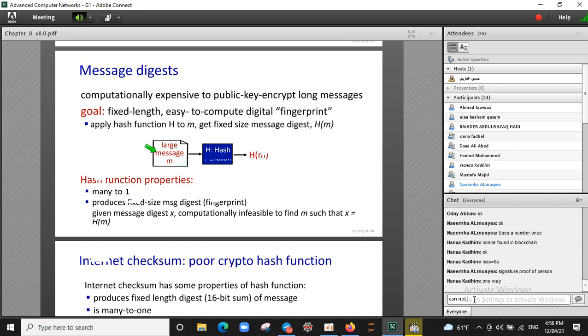I cannot do this. This is a one-way function. I cannot go back.